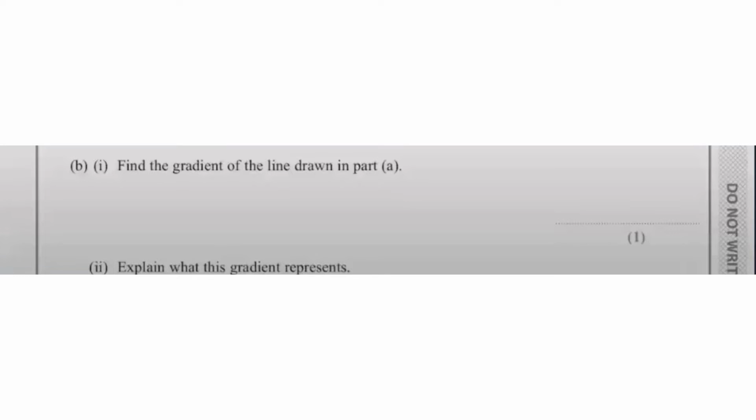Next part, it says find the gradient of the line drawn. So gradient, as we identified previously, is going to be 5 over 4, which is your rise over run, which is y over x, and that's 5 over 4. Then it says explain what the gradient represents.